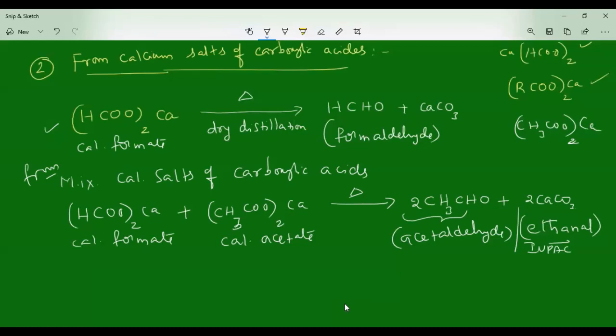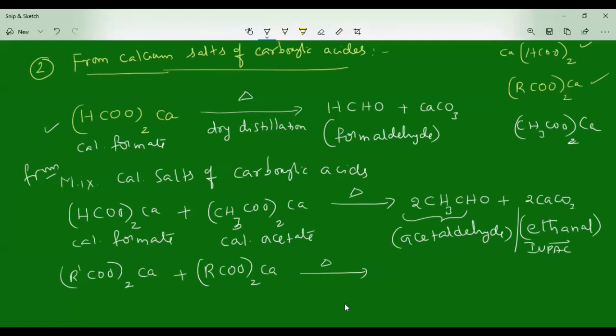Like I said earlier, if you take (R'COO)2Ca, a calcium salt of one carboxylic acid, with the calcium salt of another different carboxylic acid, then you are going to get a ketone.